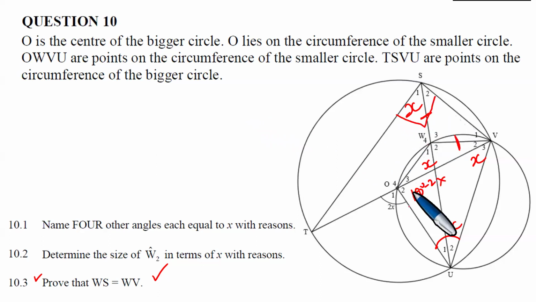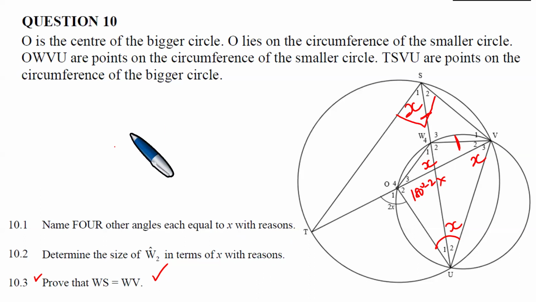This angle here is how many degrees? Because now you know that O is the center of the bigger circle. So if O is the center of the bigger circle, what does it mean? That S is 90 degrees. S is 90 degrees. Very well done. And that allows us to say the angle S is actually equal to 90 degrees.